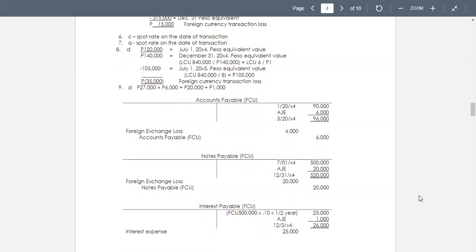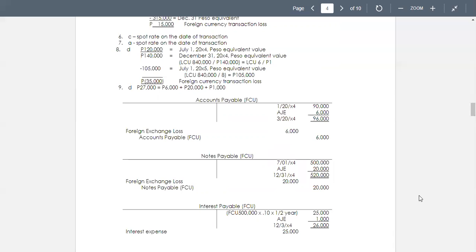For the notes payable, July 1, 20x4, there is a credit of 500,000. Then adjusting journal entry for 20,000, December 31, 20x4, the amount of credit is 520,000. And we have the balance equal to 20,000.